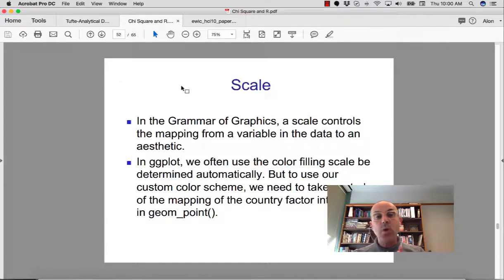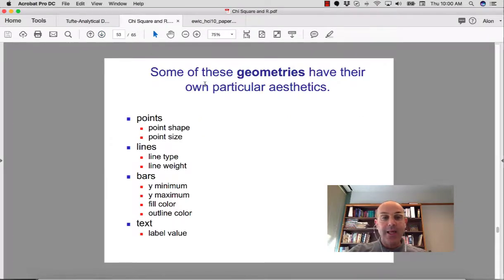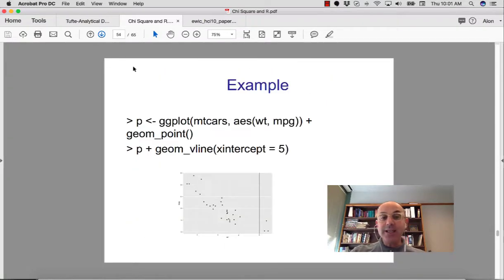So in this case, we can control the scale of the data that we are presenting, and we need to declare that. So again, some of the geometric have their own particular aspect. Example, points, lines, bar, and text. All of it has some aesthetic shape.